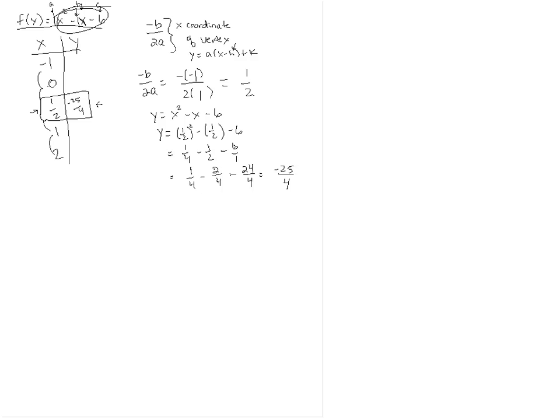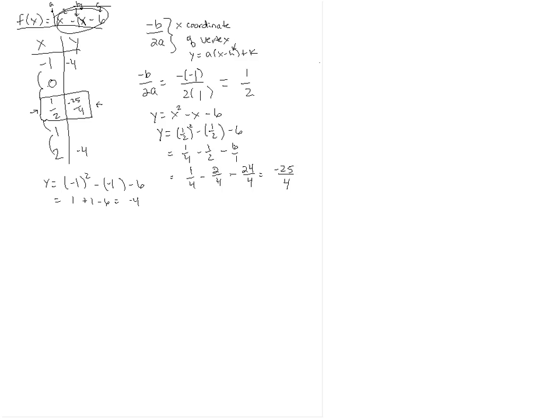So I have, and I'll write it down here, y equals -1 and -1. So I get 1 plus 1 minus 6, which is -4. So if that's -4, that's -4.